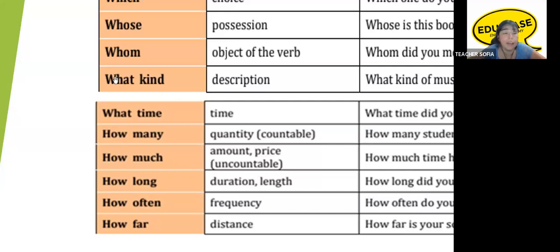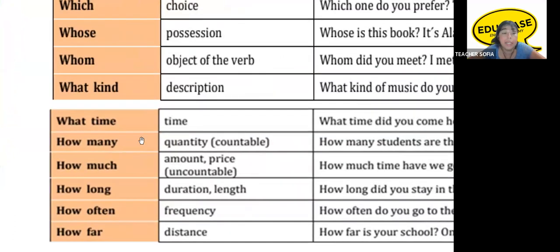Maybe cuál o qué, but in this case, what kind or what time. The meaning, right, is no qué tiempo. We don't use anymore what, like qué or cuál tiempo. We say qué horas, a qué horas. So it's different when we combine.